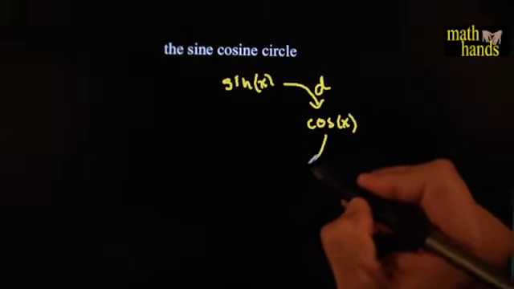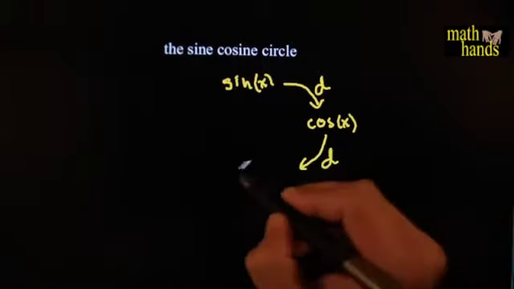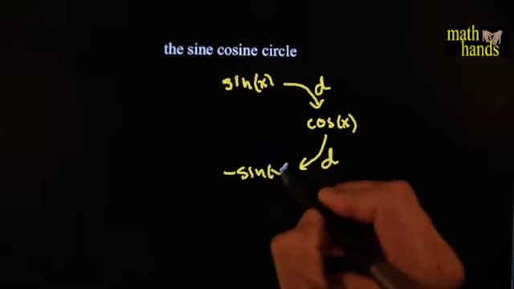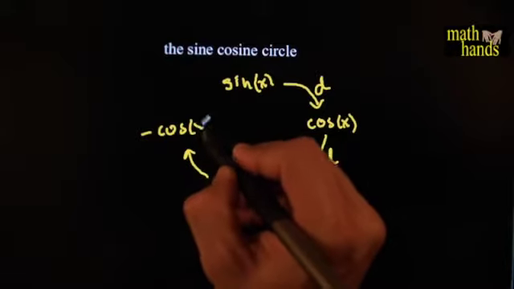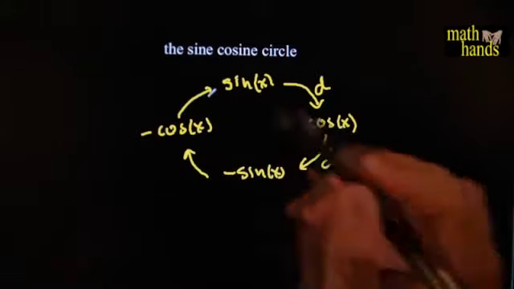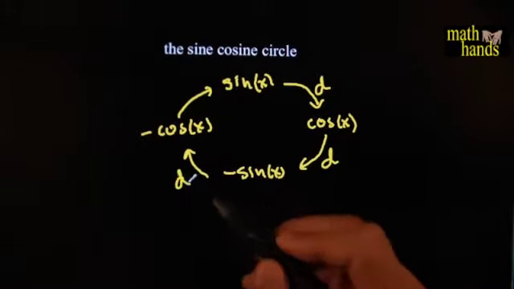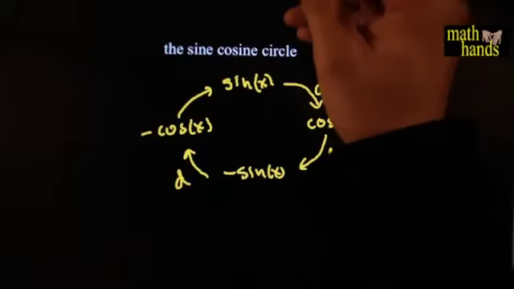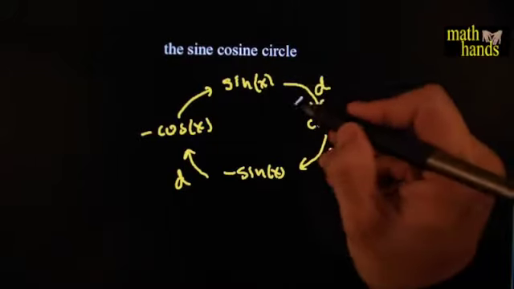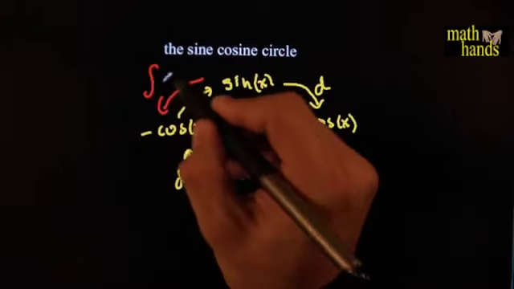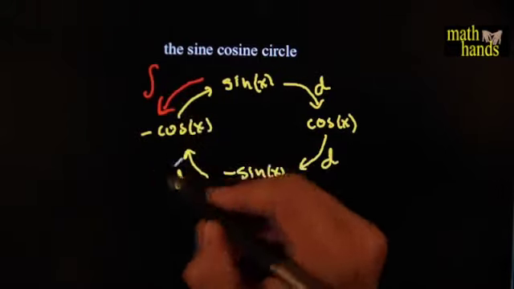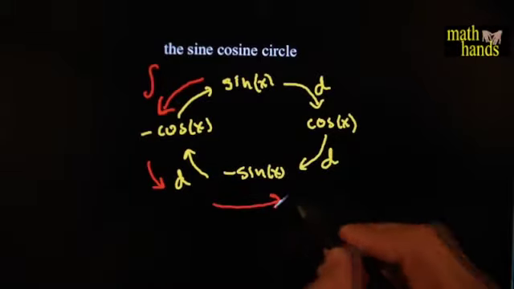And if you were to take the derivative again, that would give you negative sine x. And if you were to take the derivative again, that would give you negative cosine x. And if you were to take the derivative of that, that would give you sine. These are the derivatives. If you were to take antiderivatives, you would simply go backwards.